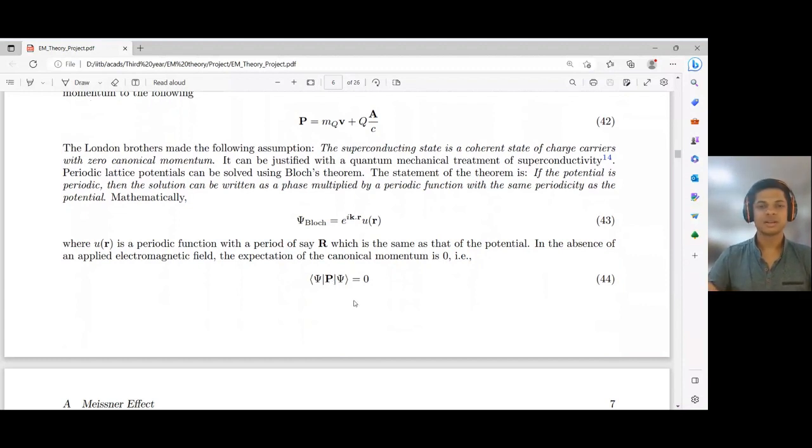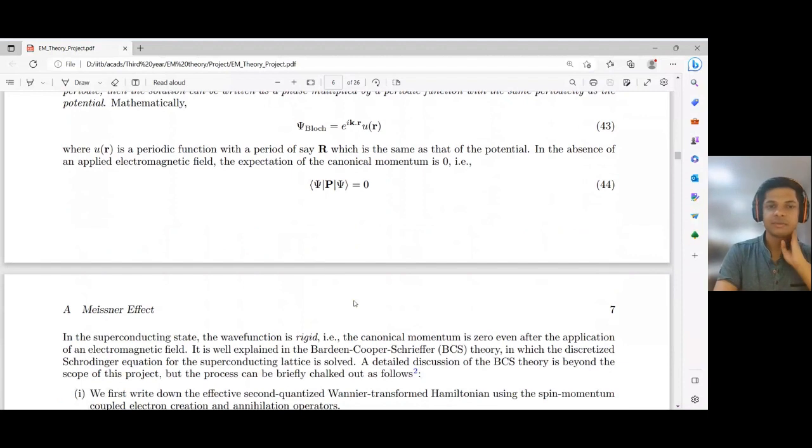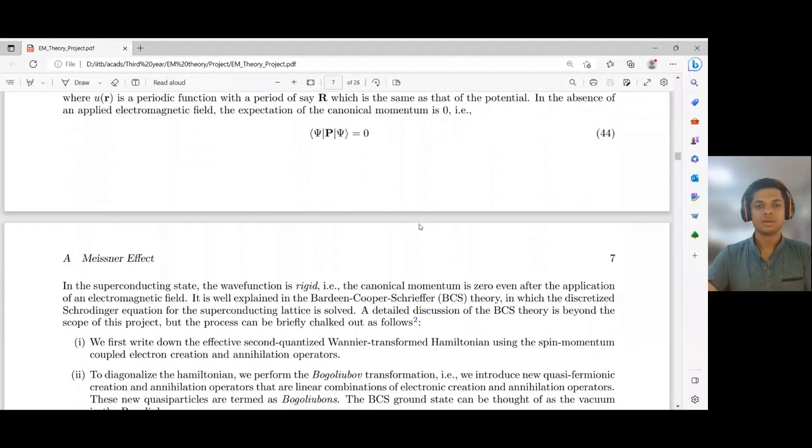This can be understood classically as well, because when there is no field applied, the velocities of the particles are randomly distributed and they average out to zero. But when we apply an electromagnetic field, we expect this expectation to change. That happens in most cases, even in the normal regime, when the material is in its trivial or normal state, that is T greater than Tc; of course, this expectation is non-zero.